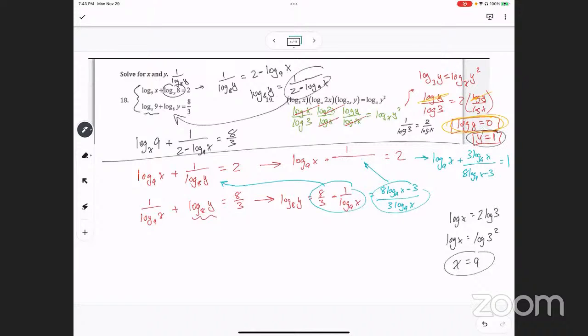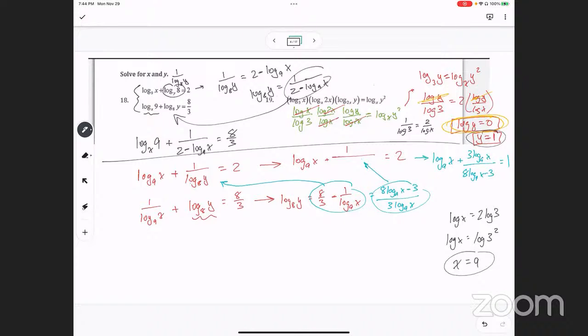So there are my two solutions. X equals 9 and y equals 1. Do you see how I got that? I know I kind of jumped around at the end there. Maybe that yellow part that I did was confusing to you as well.